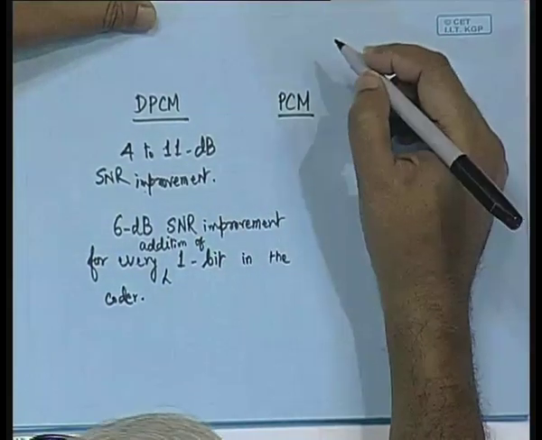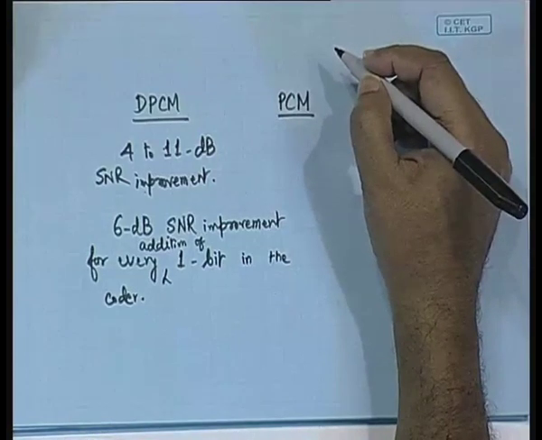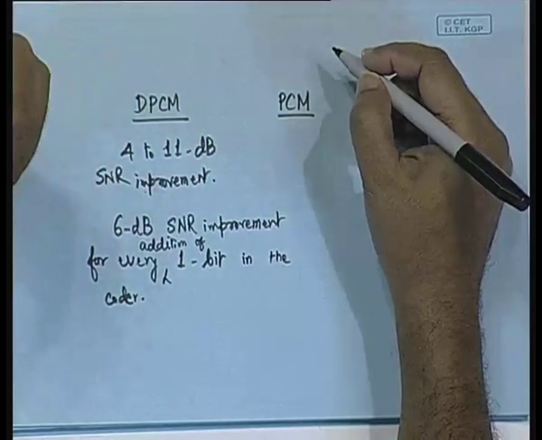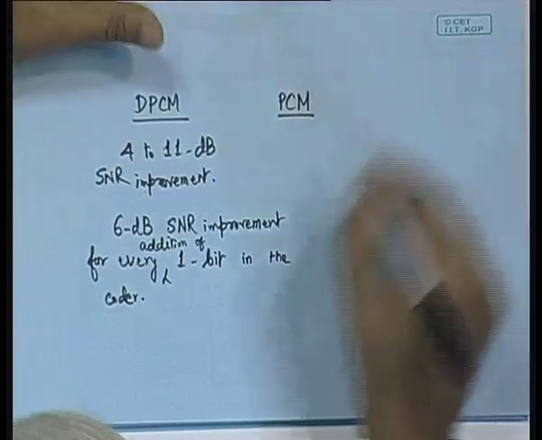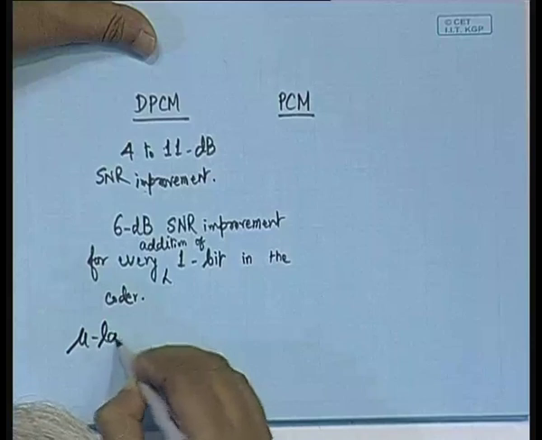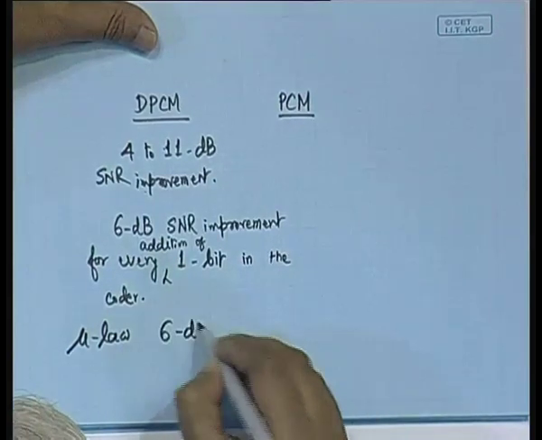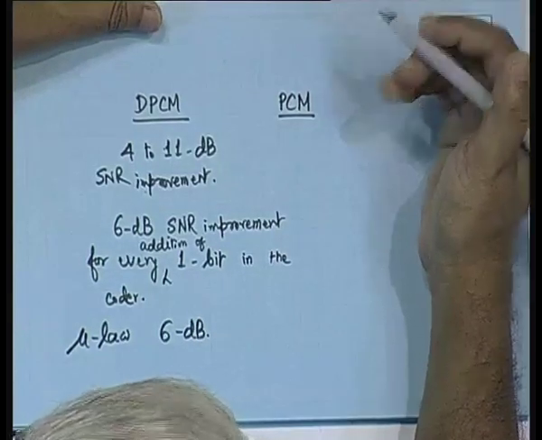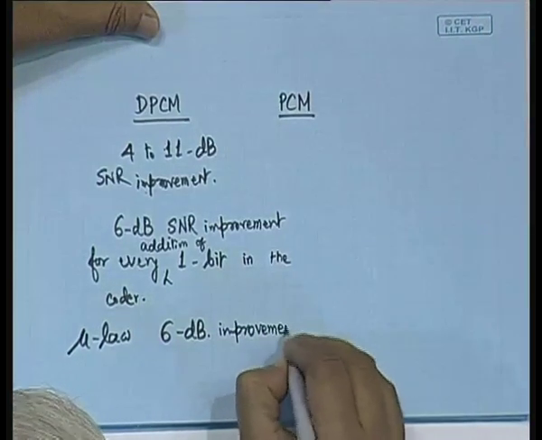So meaning that we can improve it further, and then instead of the uniform quantization, if we use a mu law quantizer, then for mu law quantizer also it will result in a 6 dB improvement over the uniform quantizer.